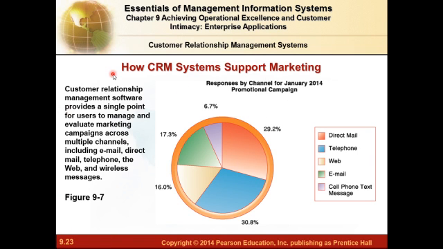This figure illustrates how a CRM system supports marketing. CRM software provides a single point for users to manage and evaluate marketing campaigns across multiple channels, including email, direct mail, telephone, the web, and also wireless messages. As you can see here, 30.8% come from the telephone.